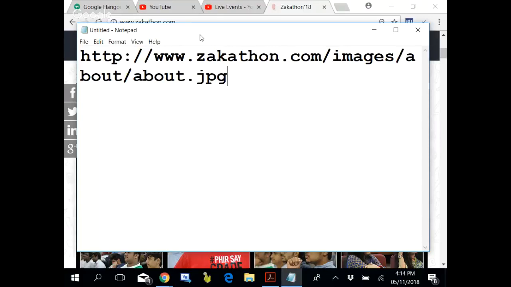Images, about address, मतलब उसके अंदर डायरेक्टरीज होंगी. कंप्यूटर है ना, zacathon.com is कंप्यूटर, उसके अंदर एक डायरेक्टरी बनी हुई है images, images के अंदर about के अंदर रिसोर्स है. So this is your resource about dot jpg, that is the complete address is called what? Universal Resource Locator. आगे समझ में?